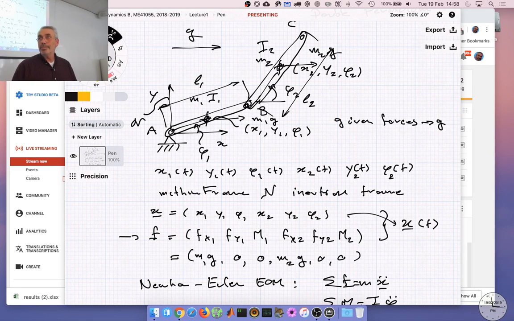Nope. Okay, how do we find the solution? I mean, we have all the ingredients, right? We defined what the system is. We know what laws to apply. What else is there to do? How do we solve this?